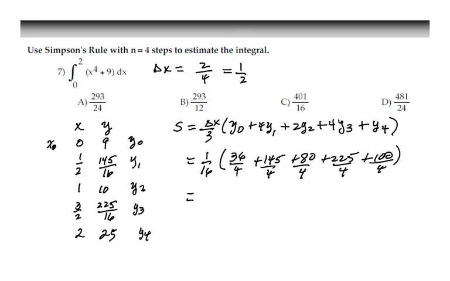And adding all this up, we get 1/6 times 586/4, which can be reduced to 293/12.